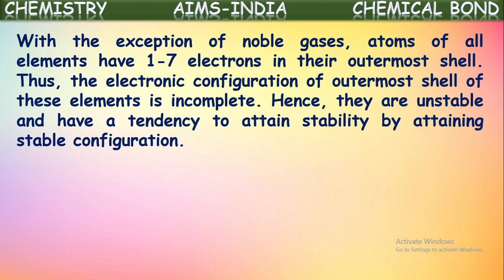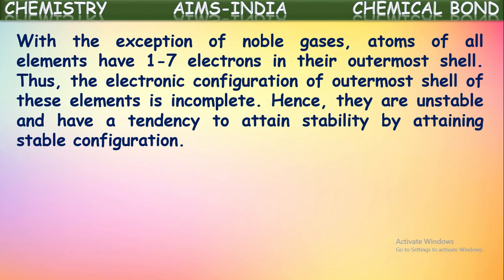If it is only one shell, 2 electrons should be there. If it is more than one shell, that atom should have 8 electrons in the outermost shell. But the remaining elements do not have these many, so the outermost shell configuration is incomplete.